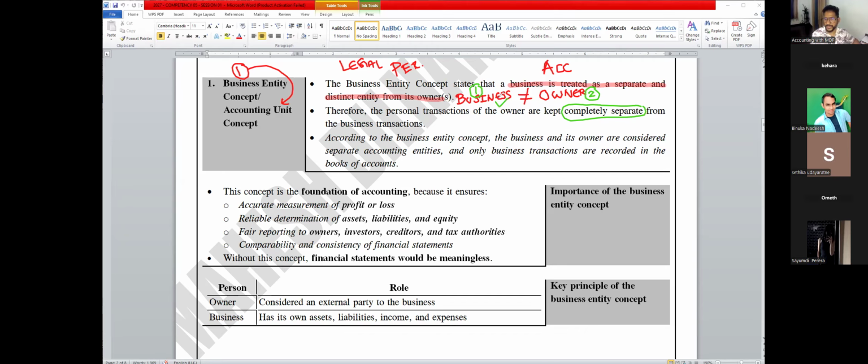This is what I'm explaining here. According to the business entity concept, the business and its owners are considered separate accounting entities, and only business transactions are recorded in the books of accounts. Owners' personal transactions are not recorded.